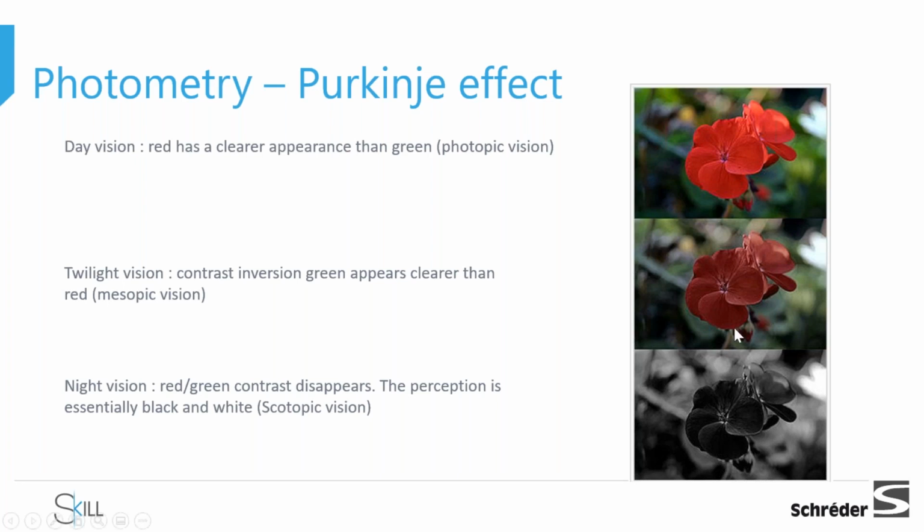In the second photo, the same area, the same photo, was taken when the light level reduced to less than 3 candela, in the mesopic vision area, and we see that the red is not as clear as the red in the photo above, and the green starts to be more obvious. And finally, in the night vision, scotopic vision, where the light level is very low, less than 0.001, we are not able to distinguish colors. We can see things only in white and black.